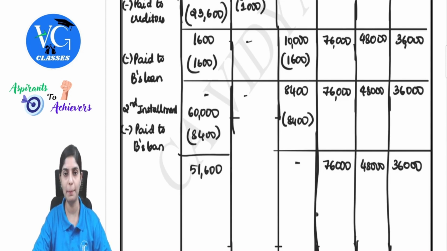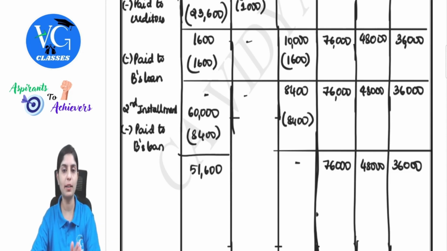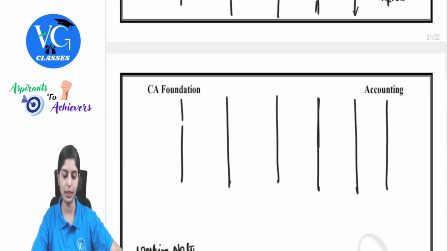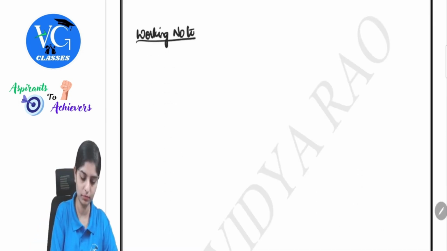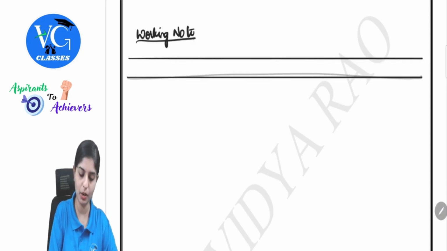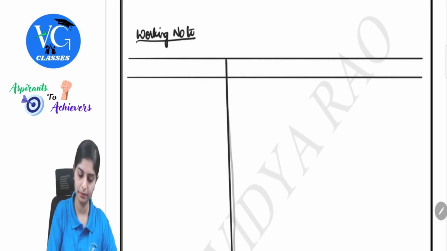Under the highest relative capital method, we have to prepare a statement in order to find which partner will receive how much of the amount and in what proportion. So for this, we have to prepare a working note. This is to find out the proportionate capital.